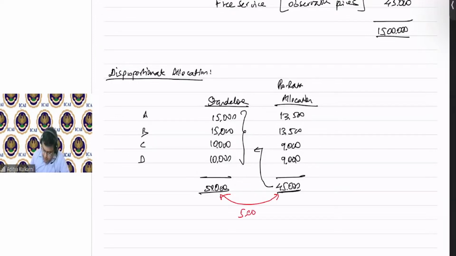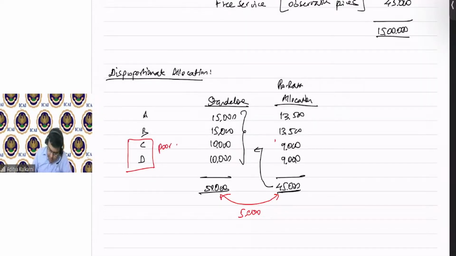I gave this discount of 5,000 only and only because these 2 products, C and D, are not selling well.